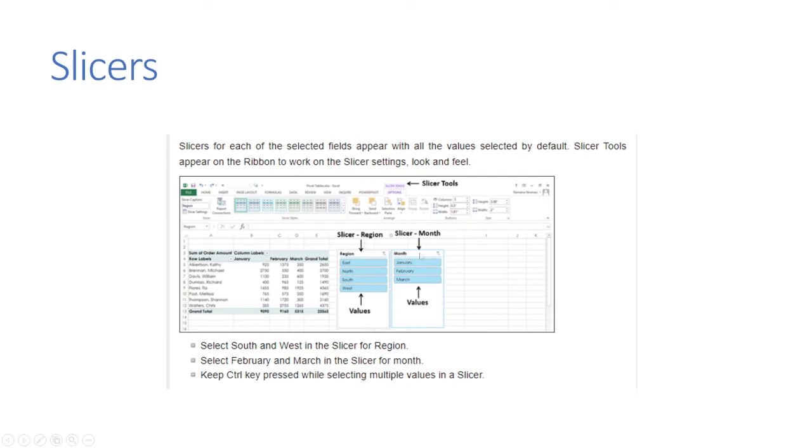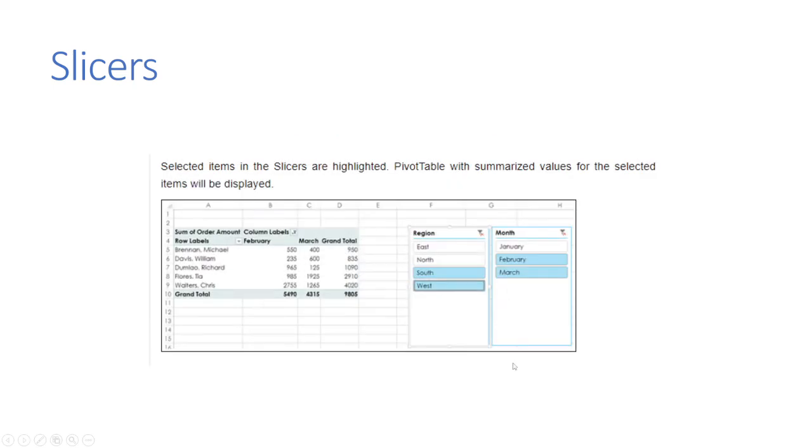So we have here slicers, region and month. Select south and west in the slicer for region, and select February and March in the slicer for month. Keep the control key pressed while selecting multiple values in a slicer. So you press the control key and then click to select multiple values.